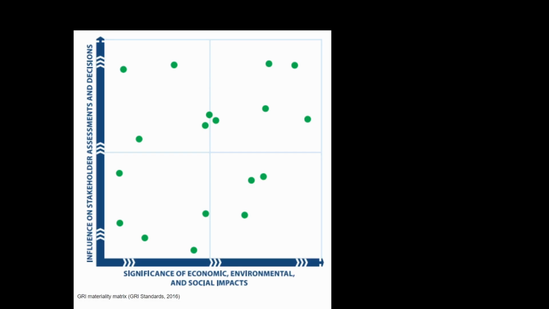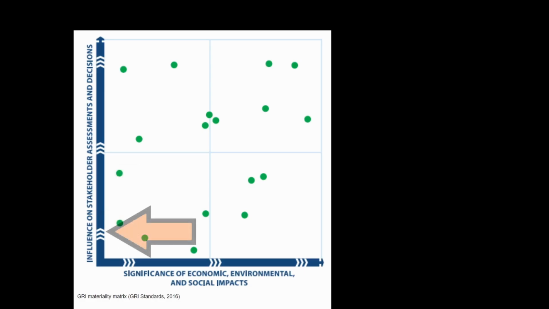And here you can see we have on the x-axis down the bottom a scale for significance of impact. So that is otherwise known as the significance of an issue. How important is a topic or an issue?